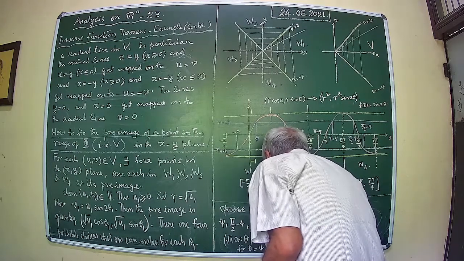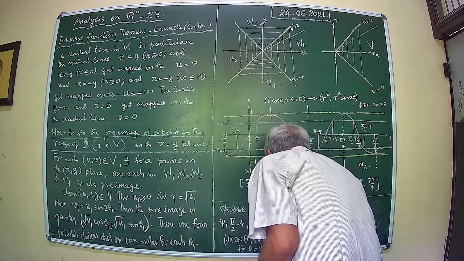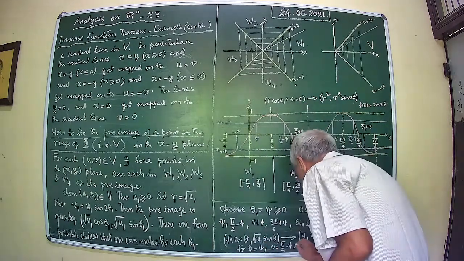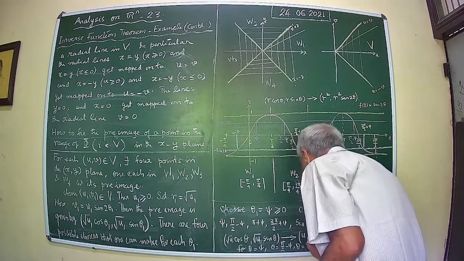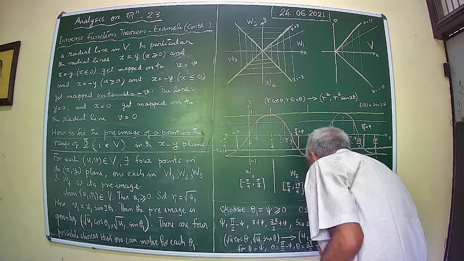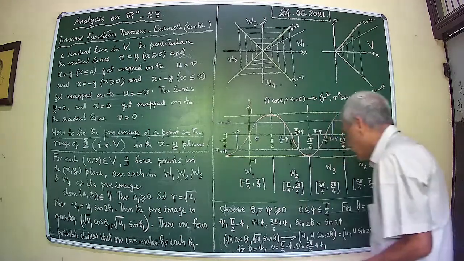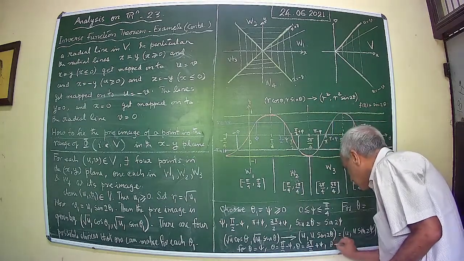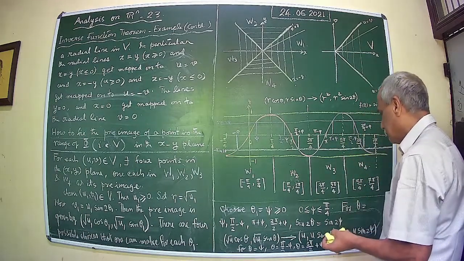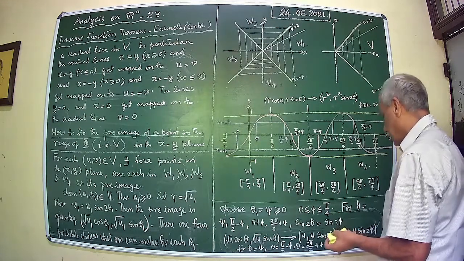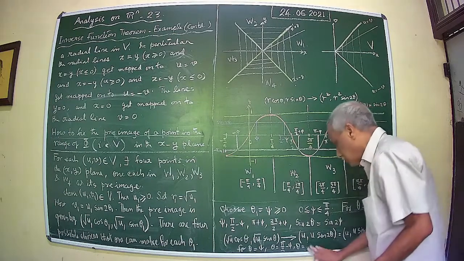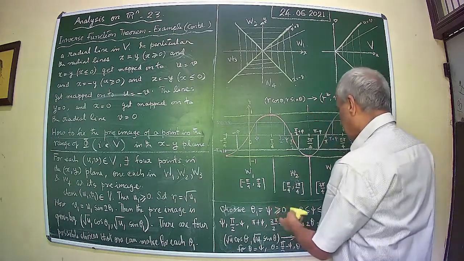pi plus pi by 2 minus psi, theta equal to 3 theta equal to what is the third value?